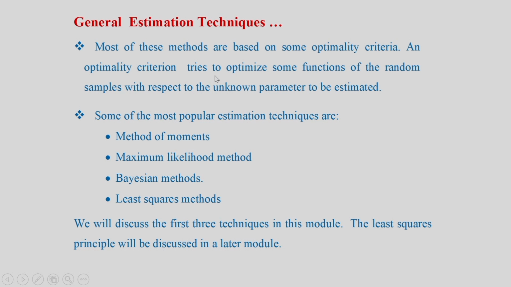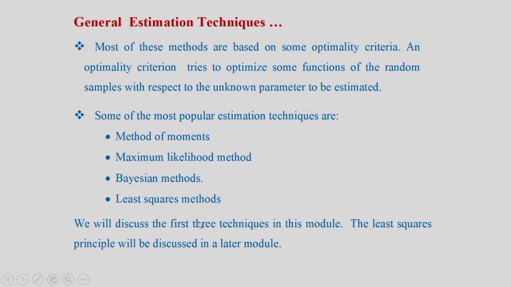An optimality criterion tries to optimize some functions of the random sample with respect to the unknown parameter to be estimated. Some of the popular estimation techniques are method of moments, maximum likelihood method, Bayesian methods, least squares methods.